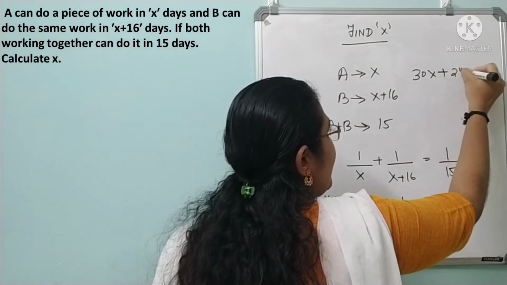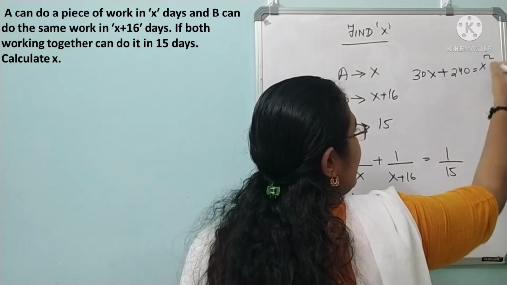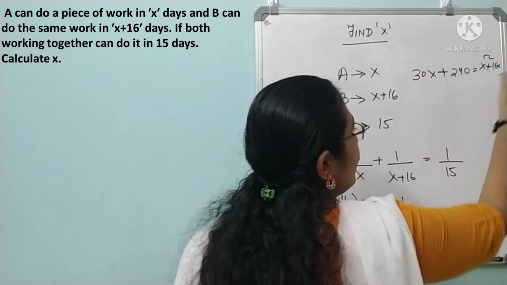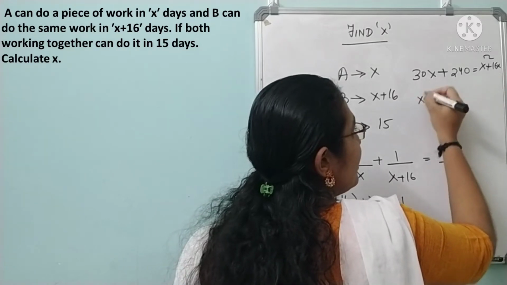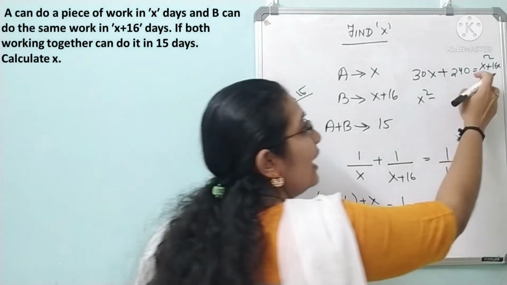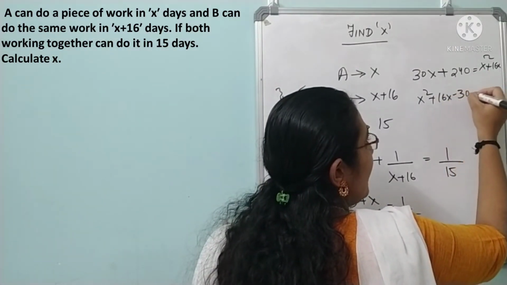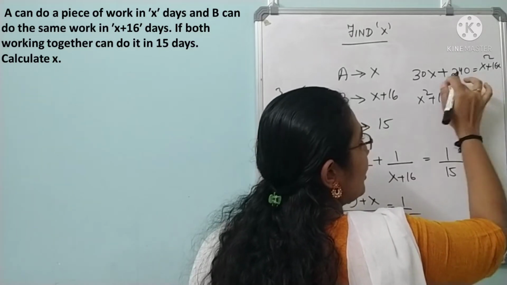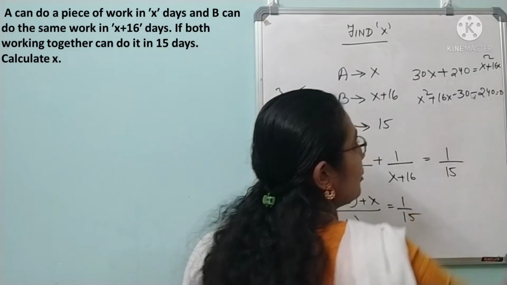Plus 240 is equal to x square plus 16x. Correct? So now take everything to one side. So you get x square plus 16x minus 30x minus 240, taking the plus 240 to the other side, you get minus 240 is equal to 0.